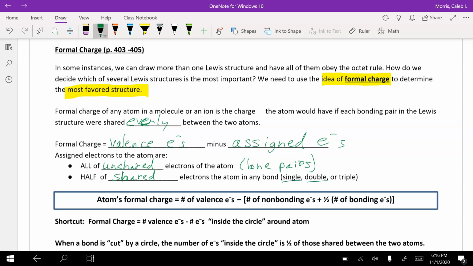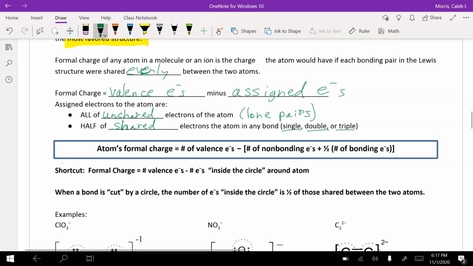Whether it's a single bond, double bond, triple bond, doesn't matter. It's going to be half of the shared electrons in a given bond. So again, the assigned electrons are all of the unshared or lone pairs of electrons and half of the shared electrons, which are the electrons in the bonds.